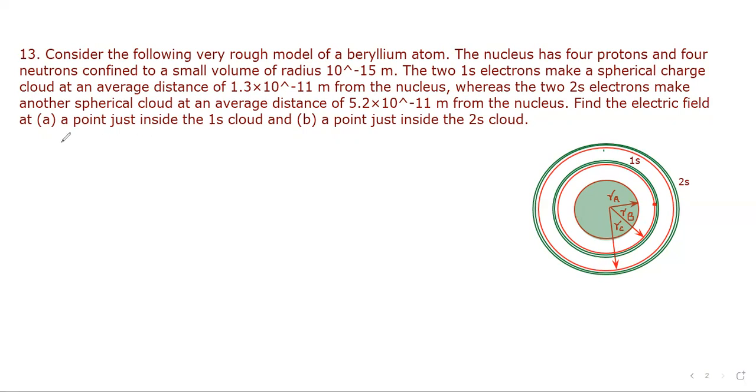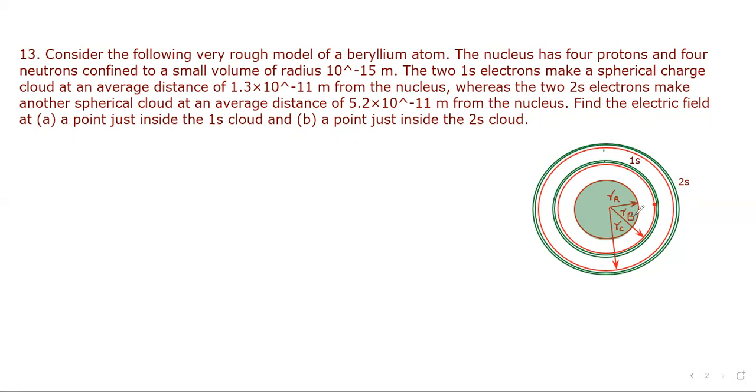Find the electric field at point A just inside the 1s cloud and B a point just inside the 2s cloud. Here, the electron cloud due to 1s electrons is shown here, and due to 2s electrons, it is shown here.